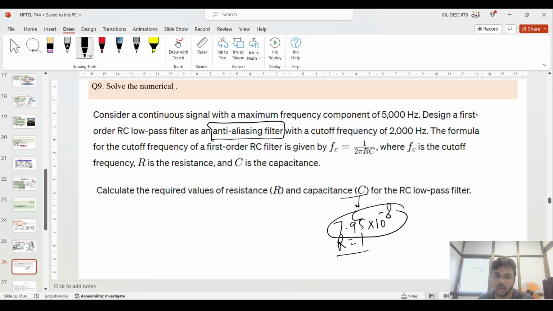By choosing R is equal to 1 kilo ohm. You should specify the unit always. Is it a farad or is it kilo ohms? Always specify the magnitude, 1 ohm. Okay.